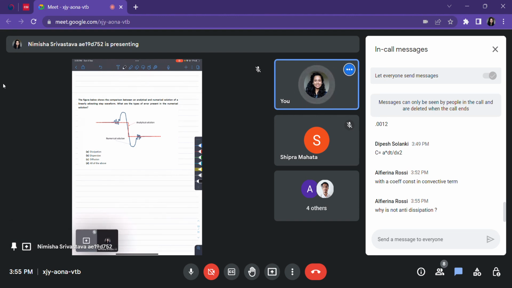The next question is based on a sort of visual inspection of what each of these terms does. The figure below shows a comparison between an analytical and a numerical solution of a linearly advecting step waveform. So this is your step waveform, and it just keeps on moving in space and time.